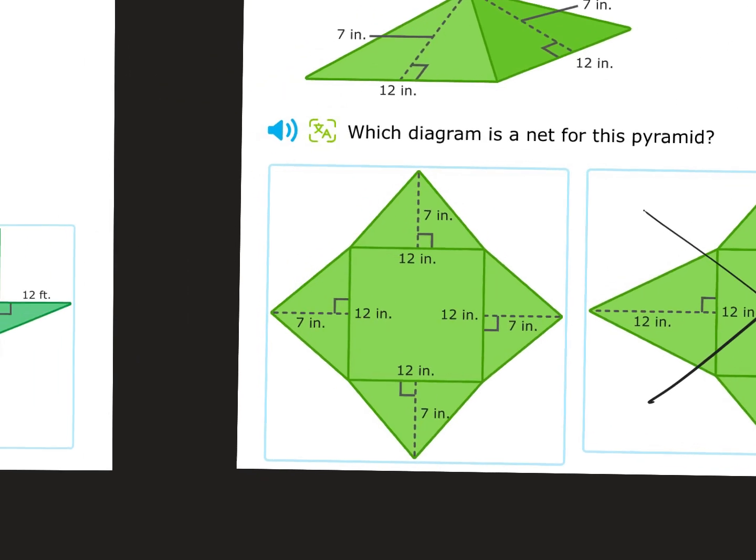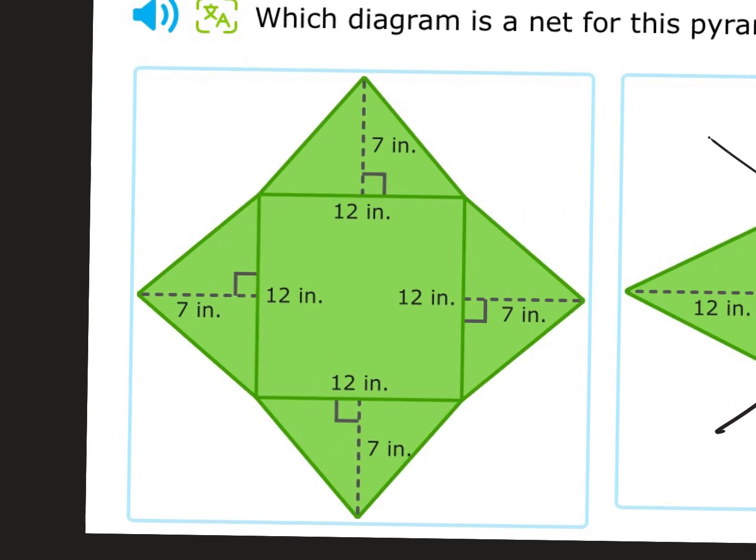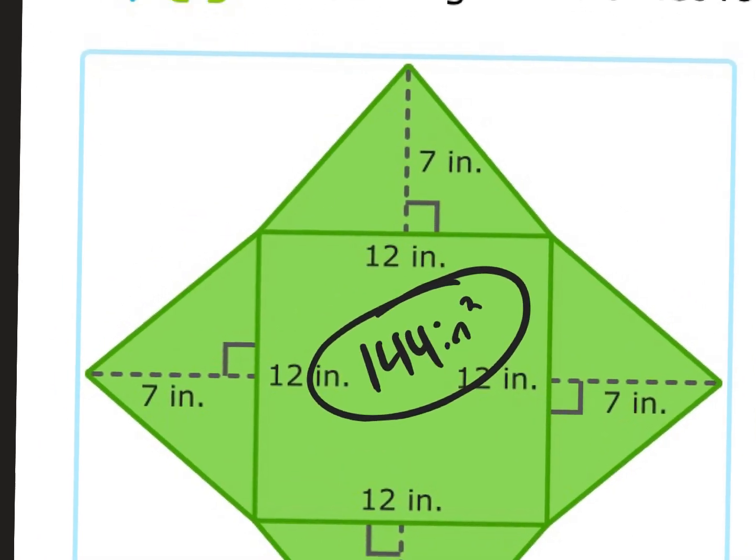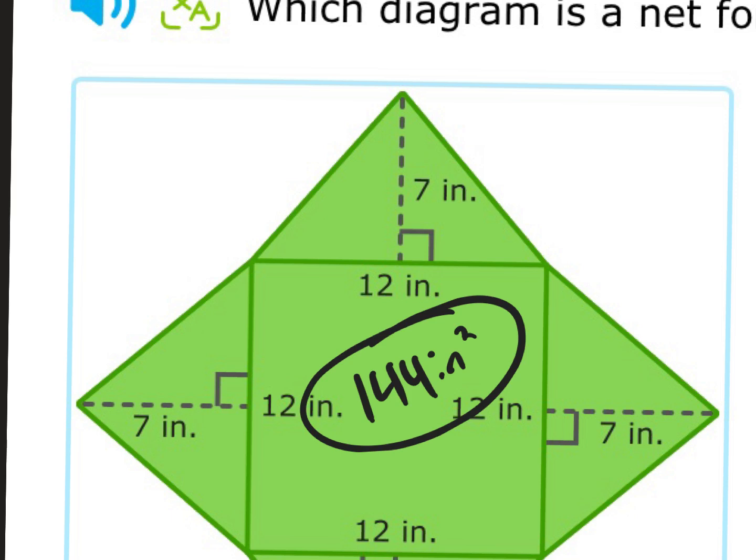So now all we need to do is find the area of our base and then one of our triangles, and then we would just multiply by how many sides there are. So if we multiply 12 times 12, we get 144 square inches. And then we have 12 times 7, and then we would just divide by 2.